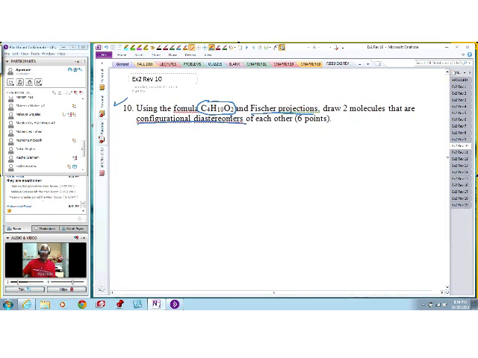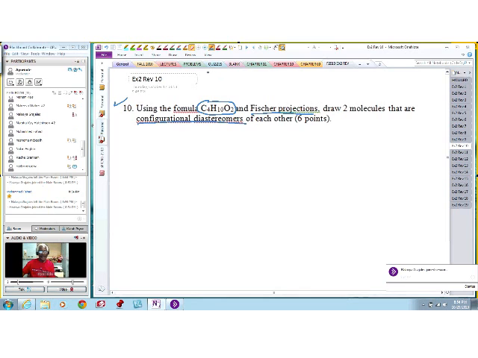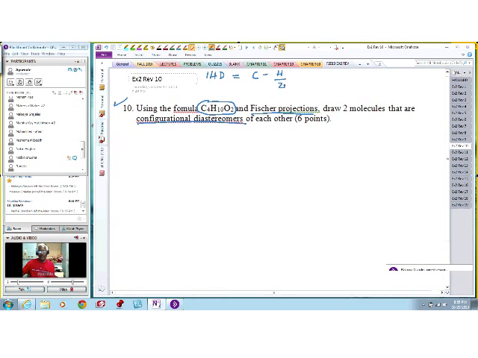Okay, let me tell you right away. If I was you, the first thing I would do here is determine the index of hydrogen deficiency to see whether there is a double bond or ring in this molecule. Using this formula, index of hydrogen deficiency equals carbon minus number of hydrogen divided by 2, minus halogen divided by 2, plus nitrogen divided by 2, plus 1.